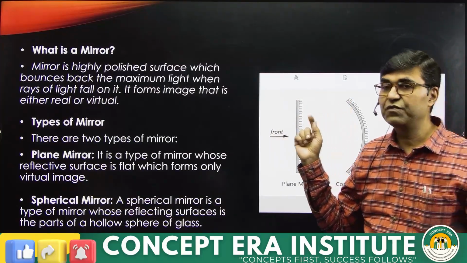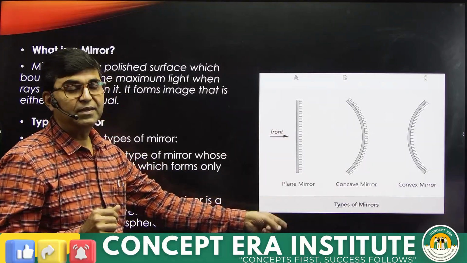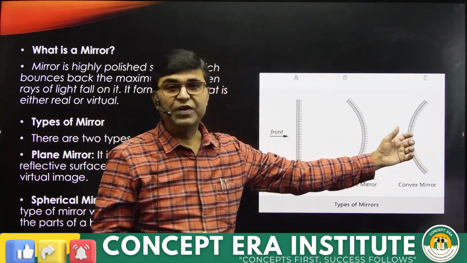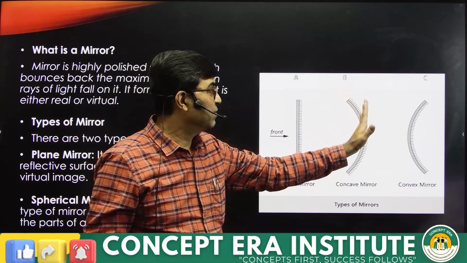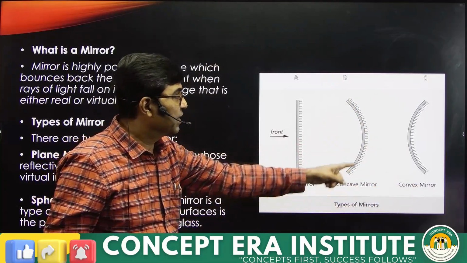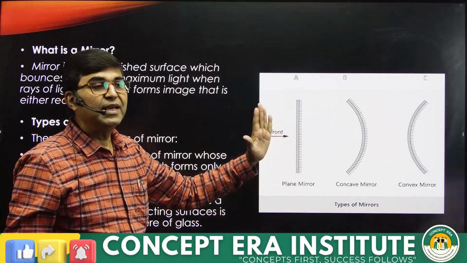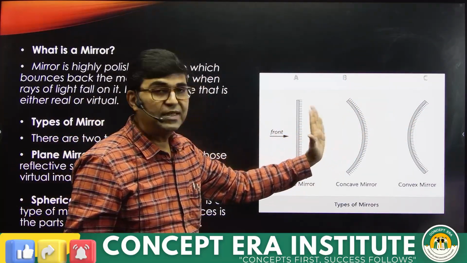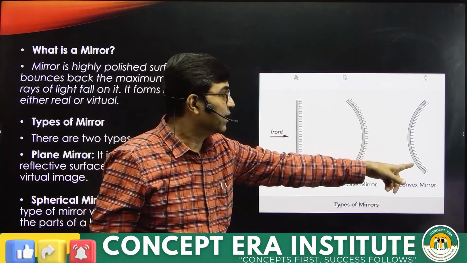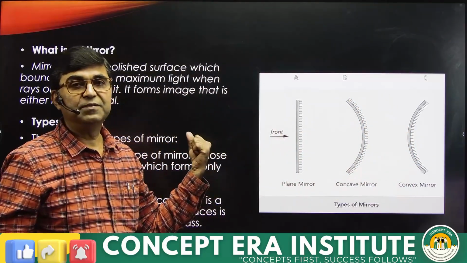Now, mirrors are of two types. First, plane mirror. Second, spherical mirrors. Spherical mirrors in turn are of again two types: concave mirror and convex mirror. Concave mirror is the one in which the reflecting surface is inside, and the convex mirror is that in which the reflecting surface is outside.